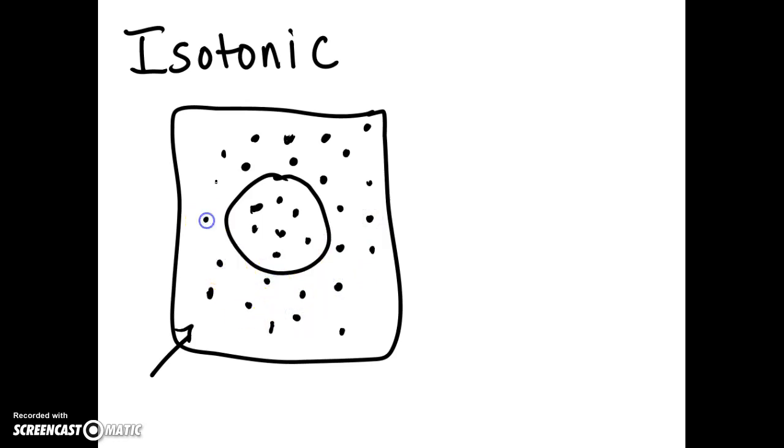So even though we have a lot more solute molecules on the outside of the cell, it's in proportion. So when you draw your isotonic picture, make sure that all of the molecules, both inside and outside the cell, are evenly spaced.